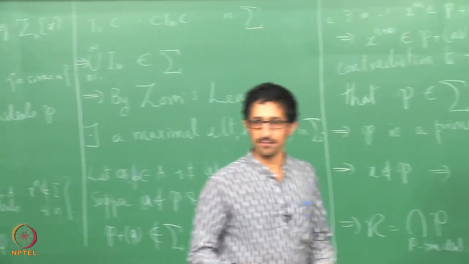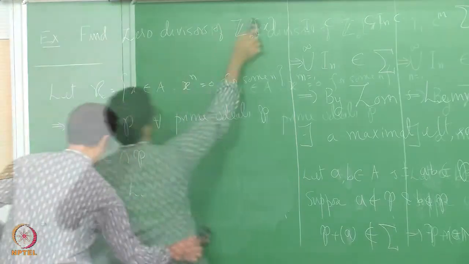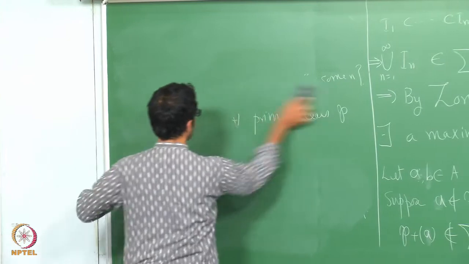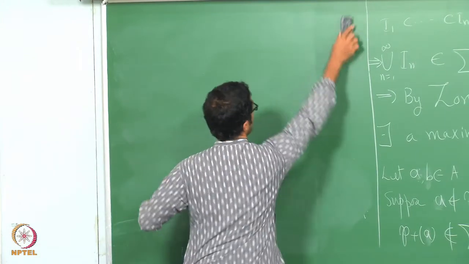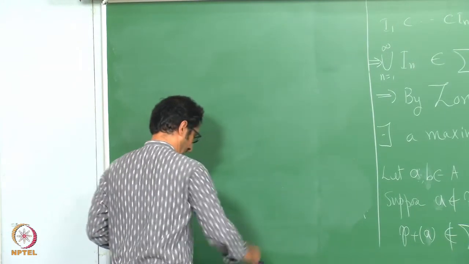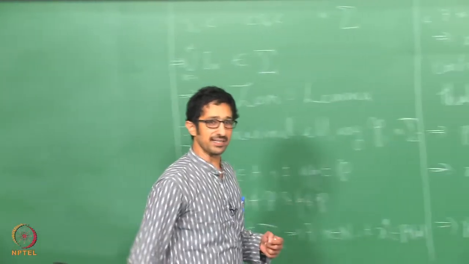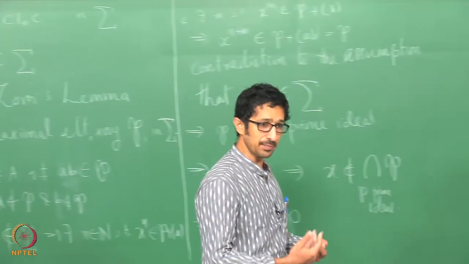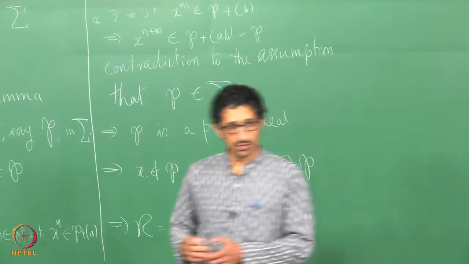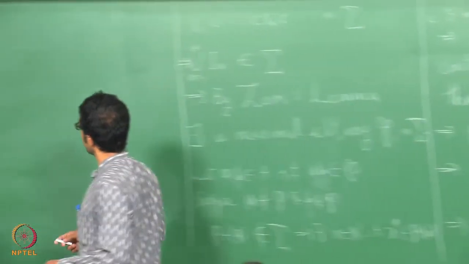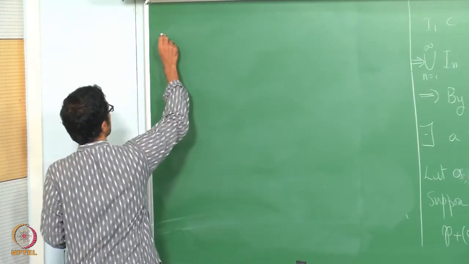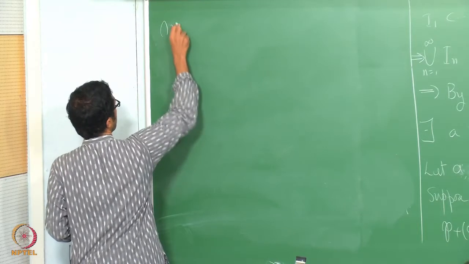Is the proof clear? Okay. So now what we have seen is the intersection of all prime ideals. Any maximal ideal is a prime ideal. So can we say something about the intersection of all maximal ideals?